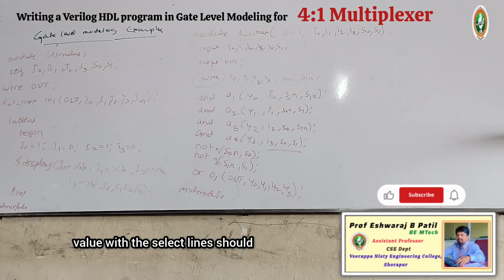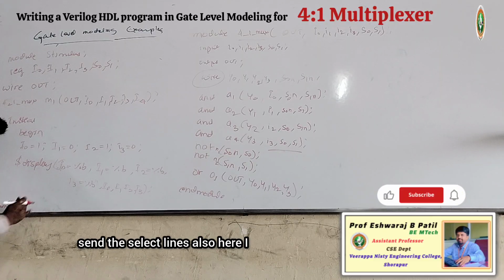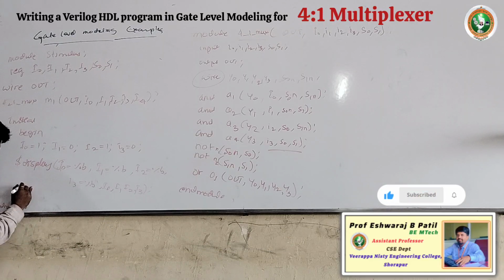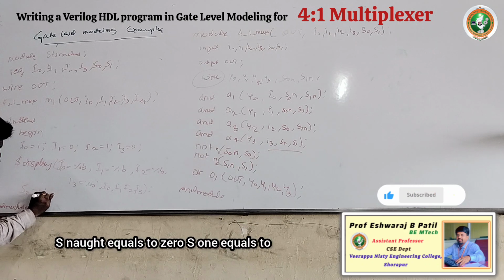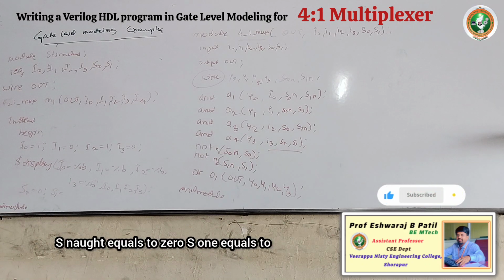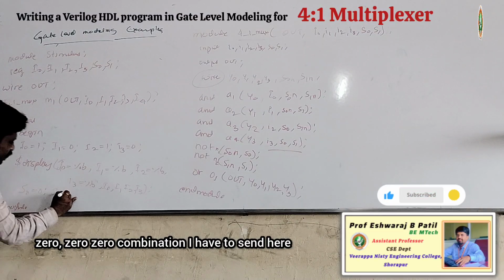For this, I also have to send the select lines here. The select lines combination as S0 equals 0, S1 equals 0. The 0, 0 combination I have to send here.